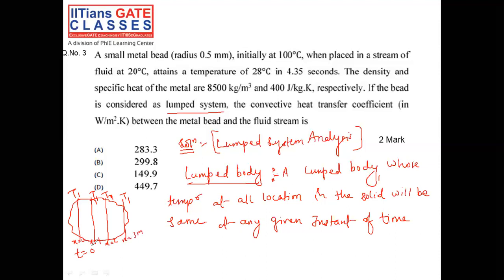At all distances, the temperature of the body after the heat transfer is exactly the same with respect to position. That means this particular body has thermal conductivity approaching infinity. That's why heat is transferring at a very, very fast rate, in such a way that the temperature is not a function of space. It is a function of only time.